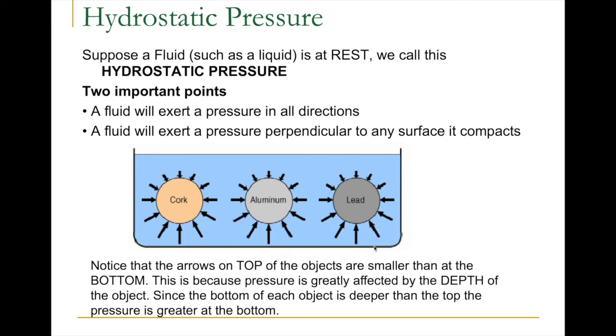We're going to get into what that means when it comes to the quantitative end of this shortly. But the important thing to recognize here is that the force vectors are all around it, and depending upon the depth of those arrows, you'll notice that the length of the arrow is changing, indicating that the magnitude of the force is changing as well.